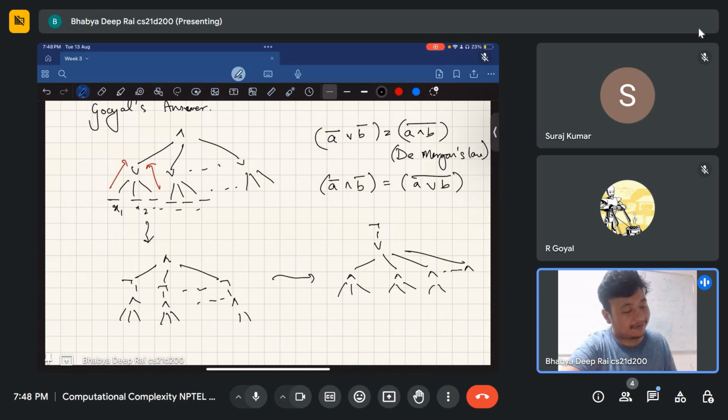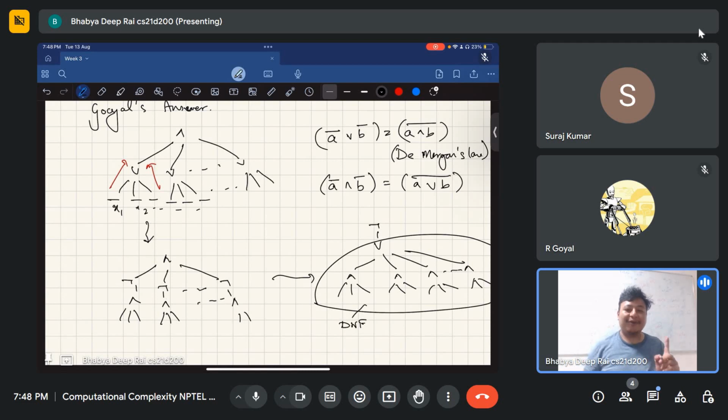And what do I have now? I have a complement of a DNF. Now I can simply check, and DNF sat is in P.